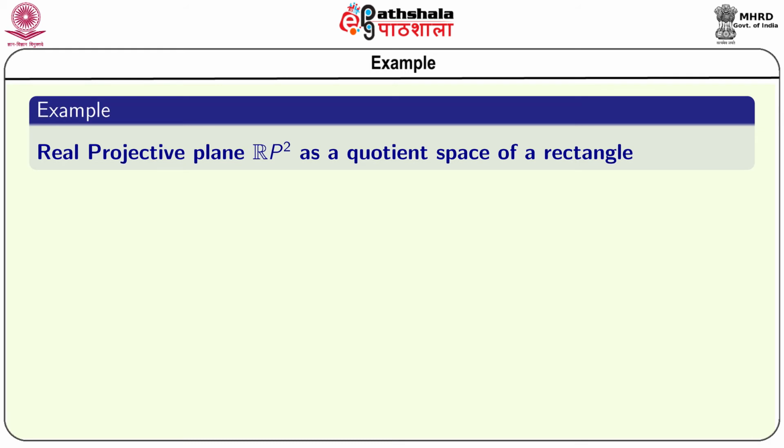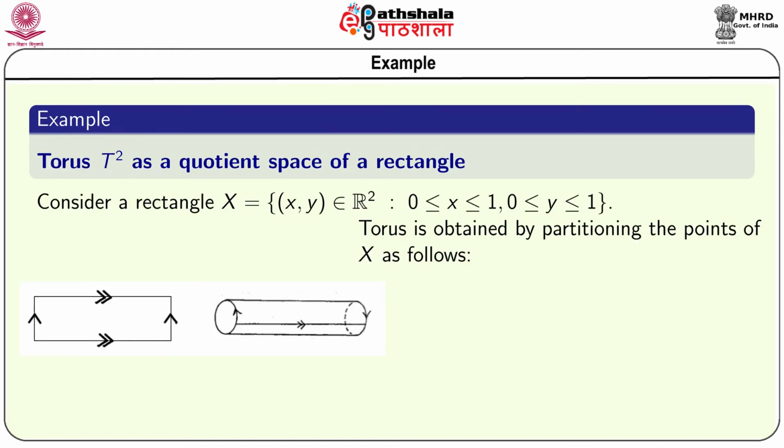In this example, we see how torus can be obtained from a rectangle. We consider the same rectangle and the identification is made as drawn in the figure. The left vertical edge is identified with the right vertical edge along the direction of the arrow, and the upper edge is identified with the lower horizontal edge along the direction of the arrows.